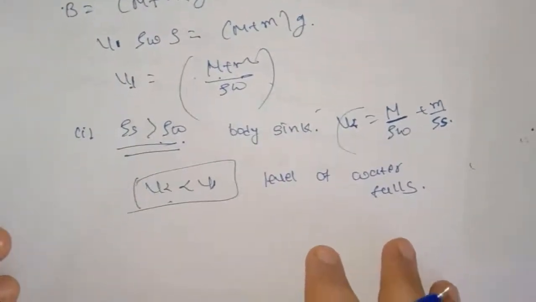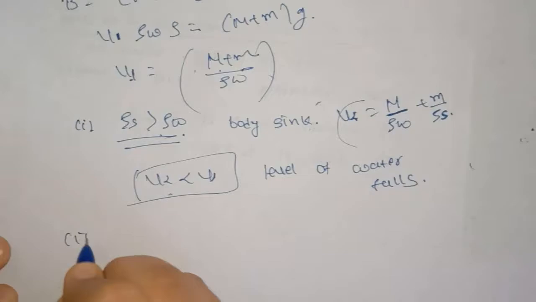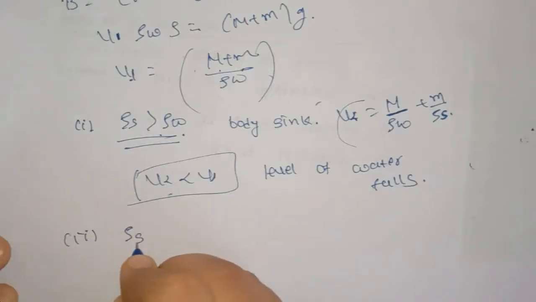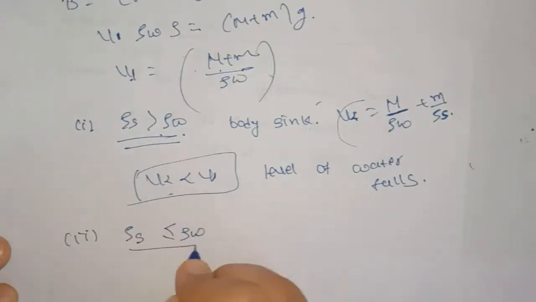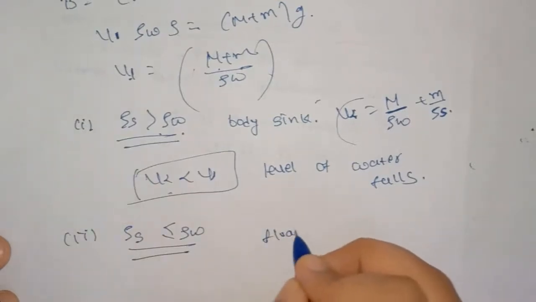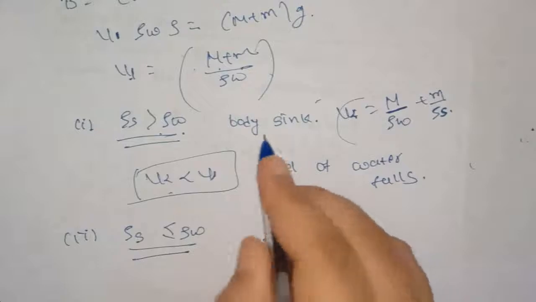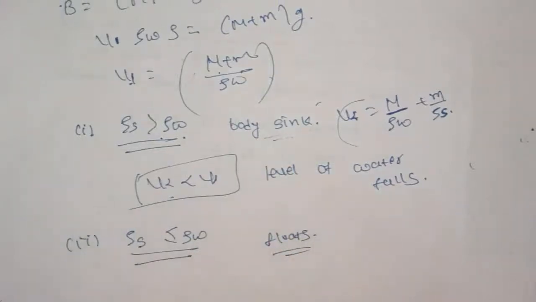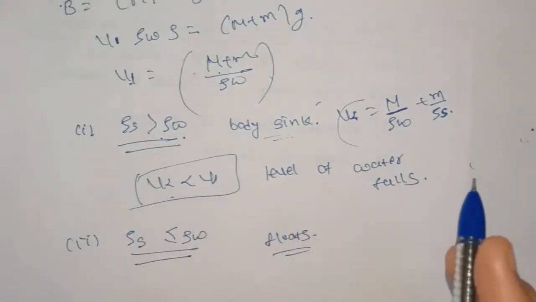In the second case, if density of solid is less than or equal to density of water, then body floats and displaces volume of water equal to weight of the body.